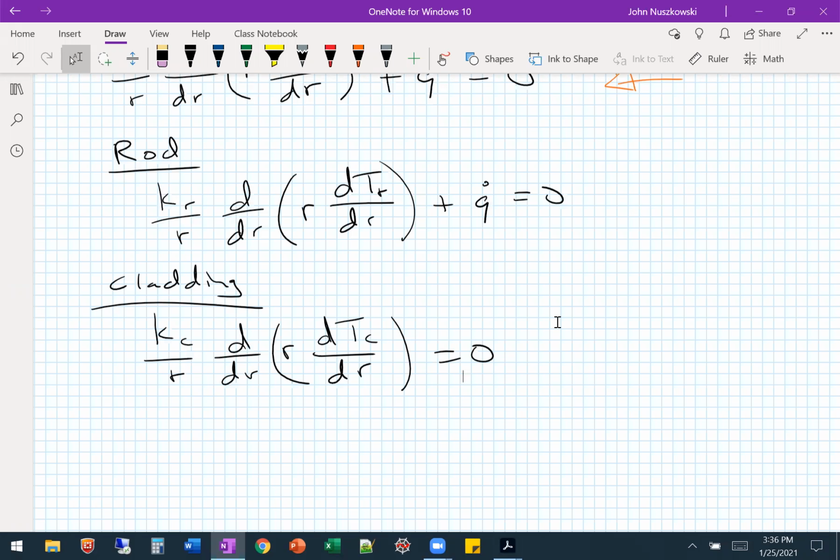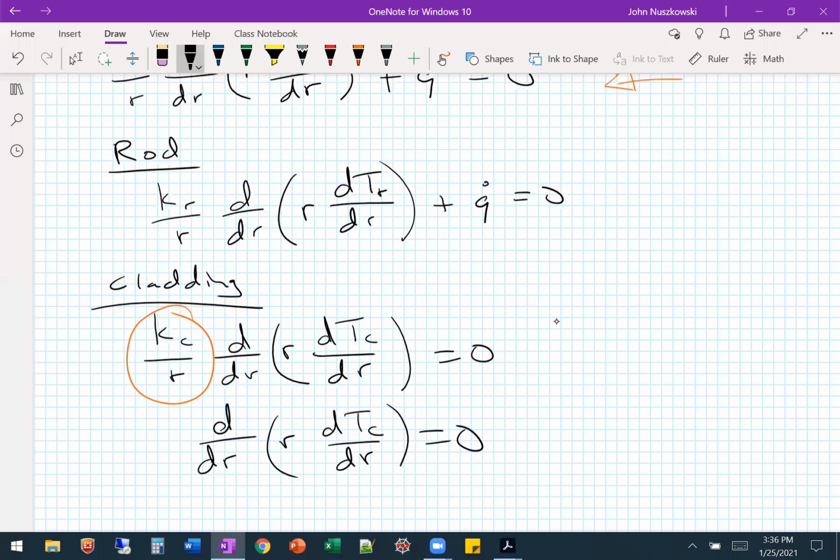The other thing that occurs because of that, since there's no Q dot, we can get rid of this term, just divide it out, and our equation gets a little simpler for the cladding.